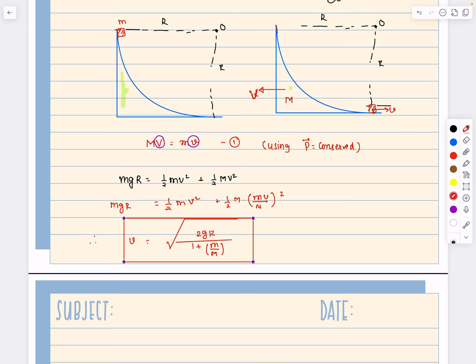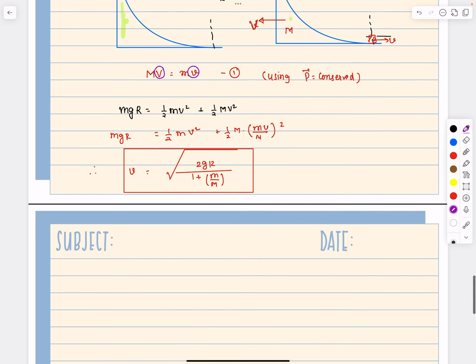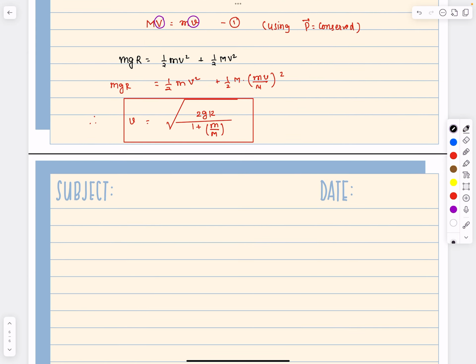Okay, now this v will give me some more information. If I put capital M tends to infinity, that means it is a fixed wedge, and that is very simple to analyze. We have done these questions earlier in work-energy theorems.